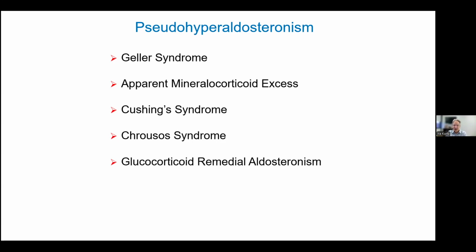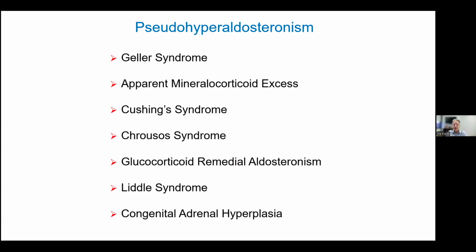Here it's a chimeric gene that's created so that the gene making aldosterone responds to ACTH. Liddle syndrome, which are mutations in the epithelial sodium channel in the collecting duct, ENaC, that amiloride inhibits and binds to. And then there's congenital adrenal hyperplasia, where you can have 11 or 21 hydroxylase deficiency. All these syndromes have low renins and low aldos and look like the patients should have a high aldo, and that's why they're called pseudohyperaldosteronism.